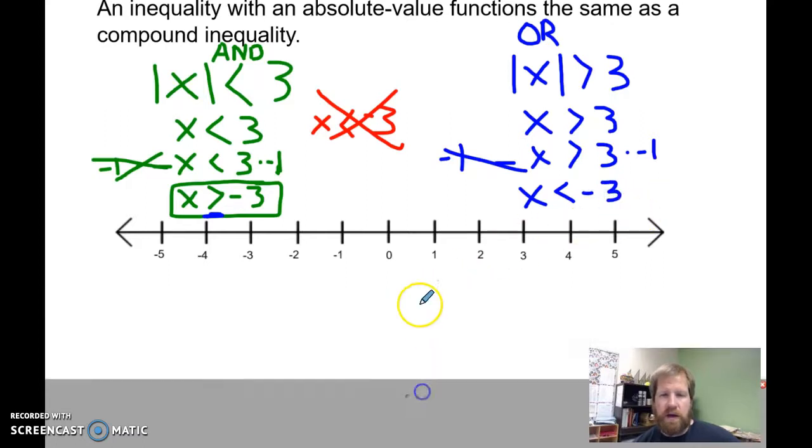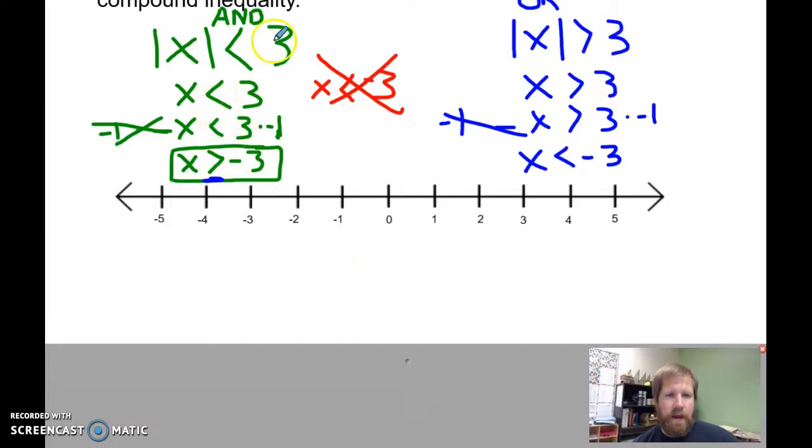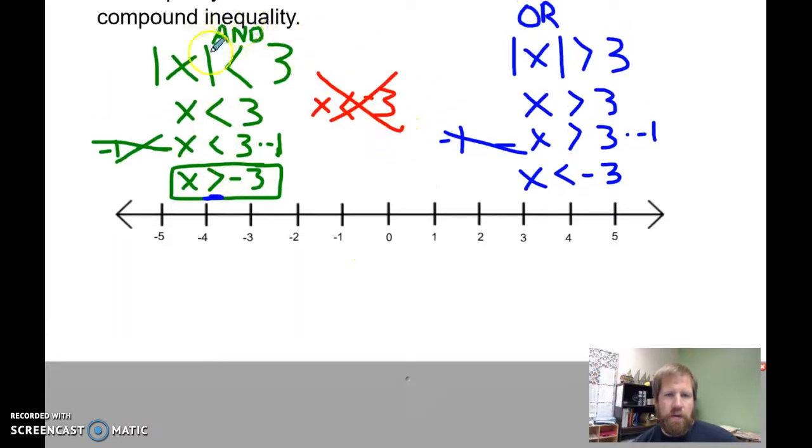So we've got our two cases, and if you can't remember which one is and and which one is or, that's okay, because when you graph them, you should be able to tell. So we have x is less than 3, so we draw our open circle, and it's going to go to the left, and that's my solution set for x is less than 3.